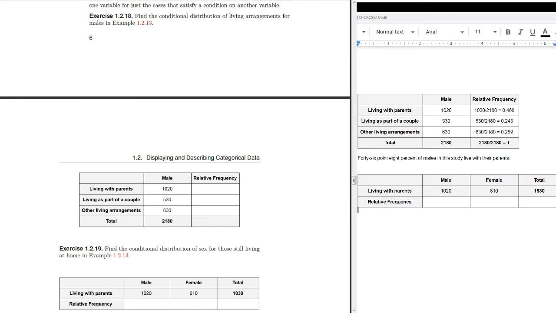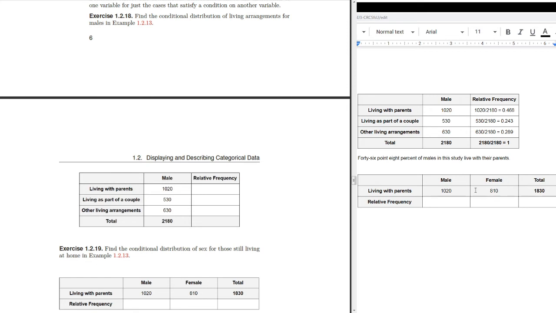So now let's find the conditional distribution of sex for those still living at home. Now this time we are focusing on a row in the contingency table, and our condition is considering only the adults that live with their parents, and we want to find the distribution of sex. So here is the row of our contingency table for those that live with their parents.